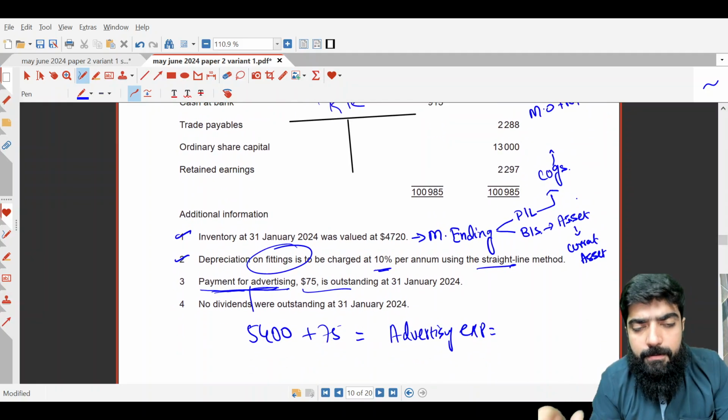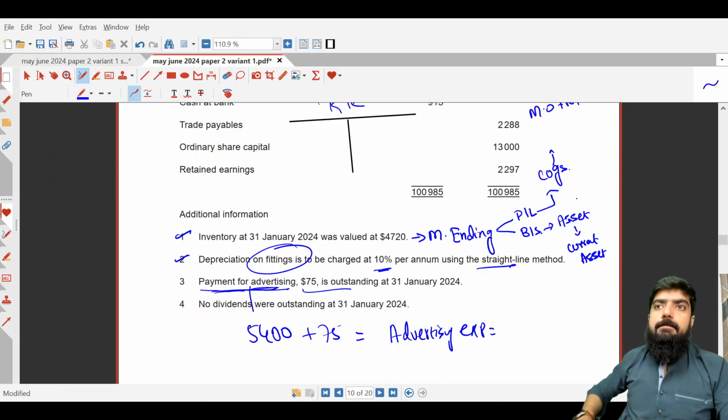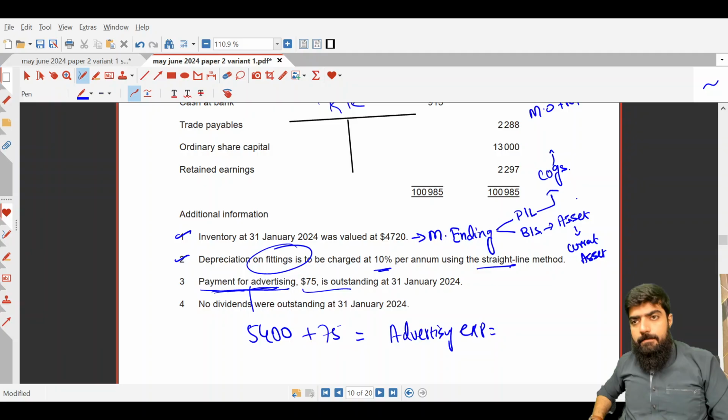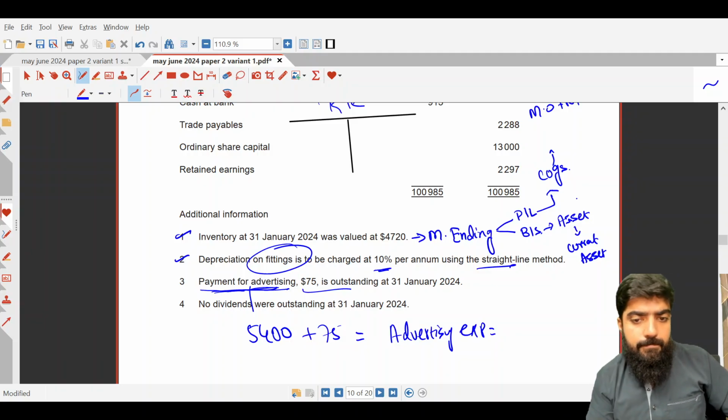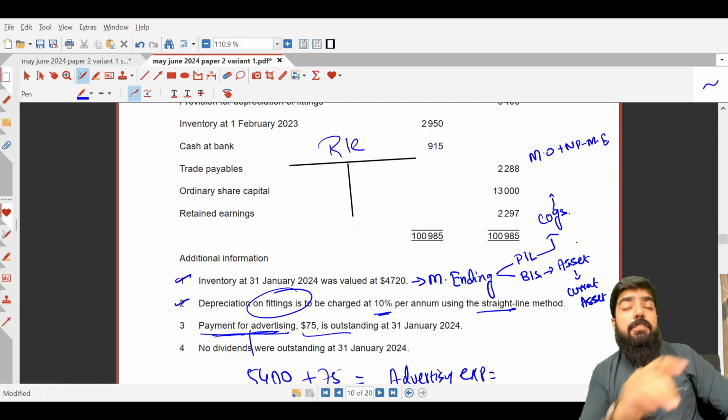There was something in this chapter itself, a box with retained general reserve, retained profit, all that stuff. Yes, it's a retained earning, a reserve. You have to do the working for it and find the total.